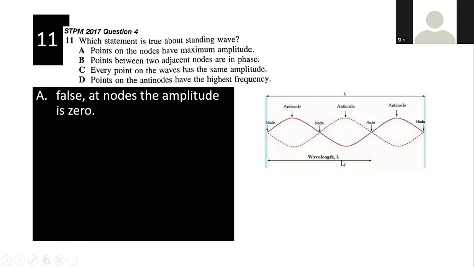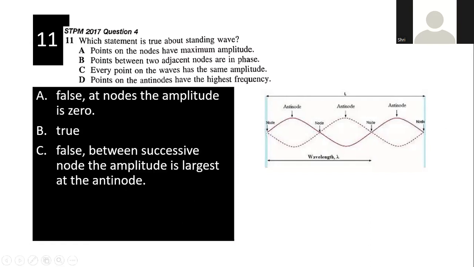Points between two adjacent nodes: okay, true. All the points between adjacent nodes are vibrating in phase. Every point in the wave has the same amplitude? No, these are all different amplitudes. The largest one is here at the antinode. Points on the antinode have the highest frequency?